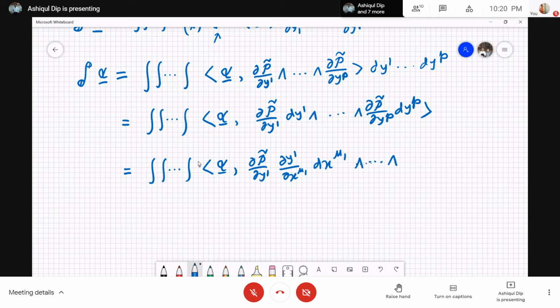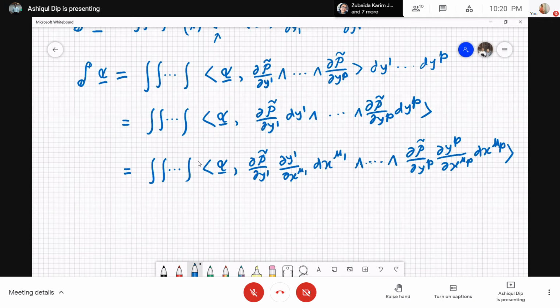And then we have delta p tilde by delta yp, delta yp by delta x mu p, then dx mu p.